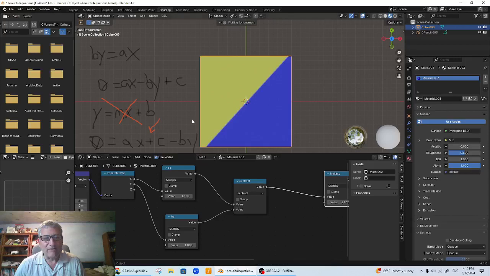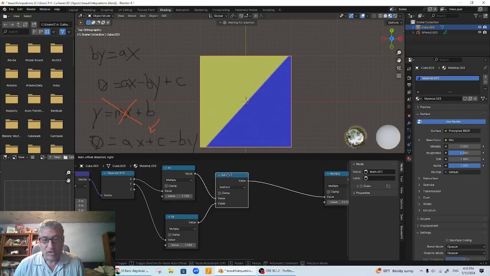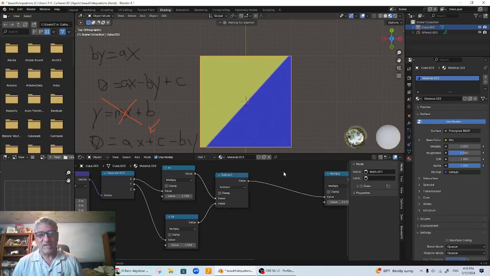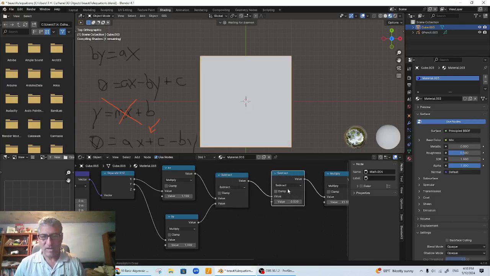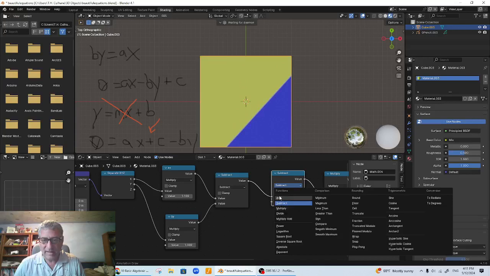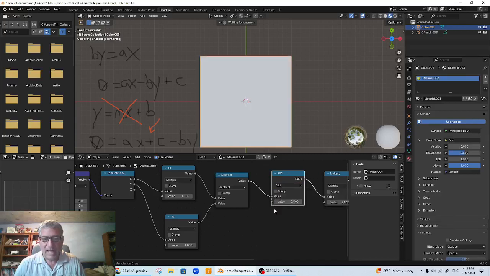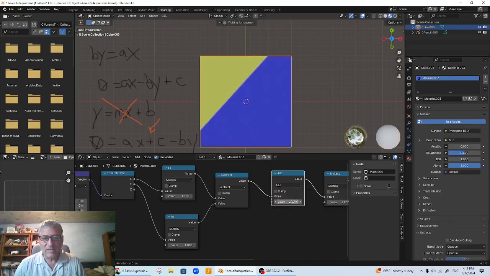And then, of course, you have that c, which is the y-intercept, otherwise known as b over here. So if we want to put in c, it's an addition node. Then we go Shift D, Shift D, put this there, and then make this an add node. And that c is the y-intercept.